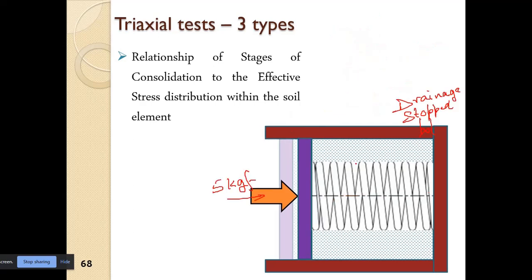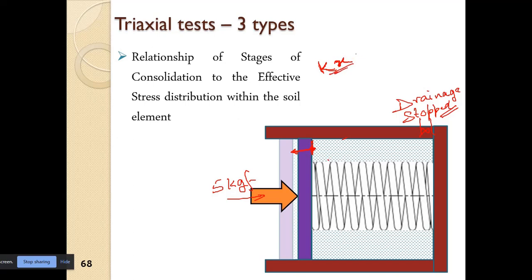So what we do, we stop at a particular distance and then the drainage is stopped. So we have a displacement in the spring x. Now the total load which the spring is taking is k into x.